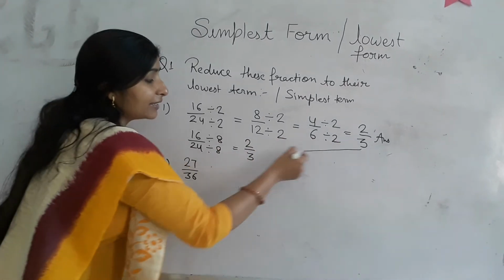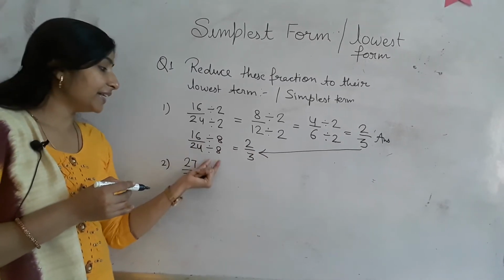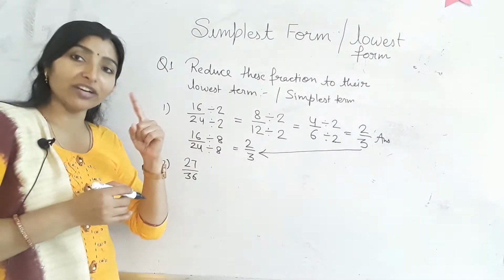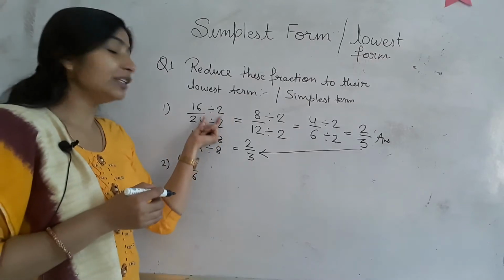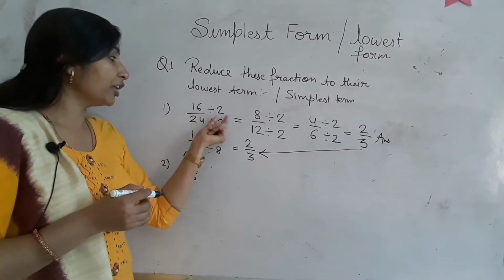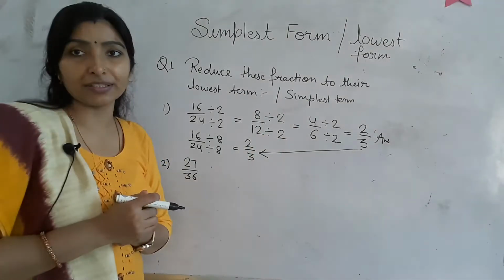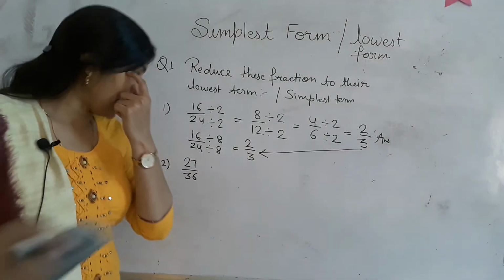So the same answer will come if you divide by 8, up and down, numerator and denominator by 8. So if you want to solve in one step, choose a big table, and if you divide the numerator and denominator by a smaller number, then you have to repeat the steps. Okay, so that is up to you which number you will select.